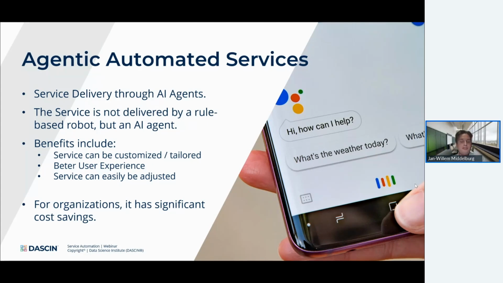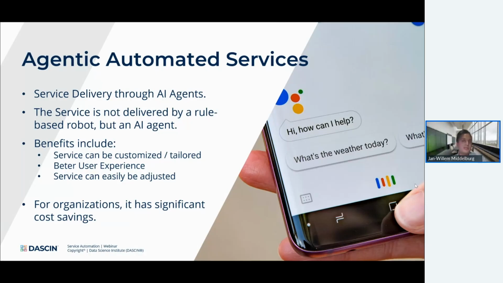The key difference with traditional automated services is that the service is not just delivered by a rule-based robot, so it's not the same for everyone, but it's delivered by an AI agent, which enables you to completely customize that service based on the input that people give.